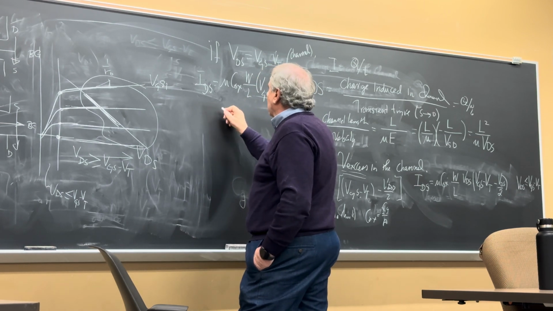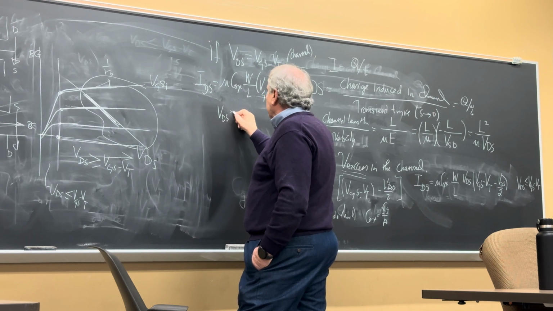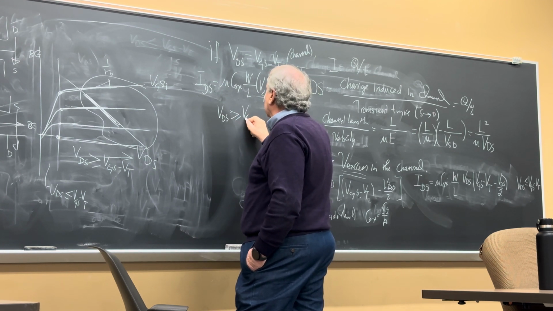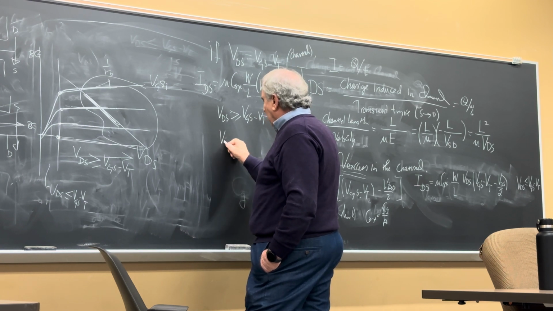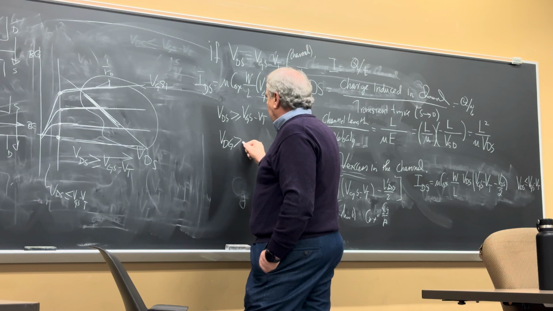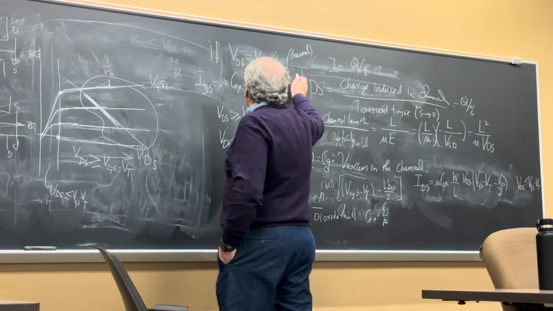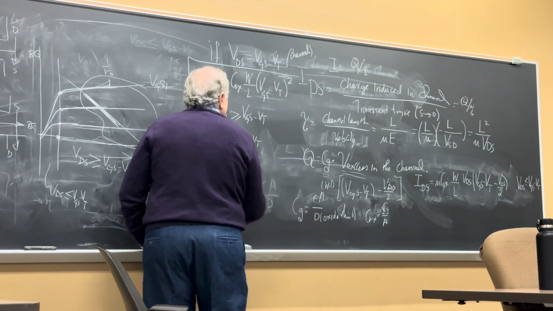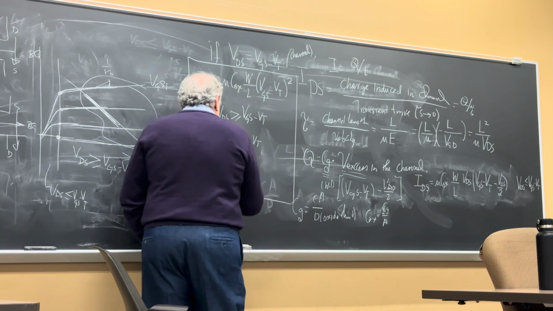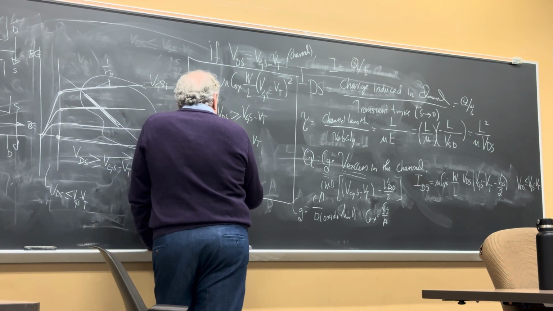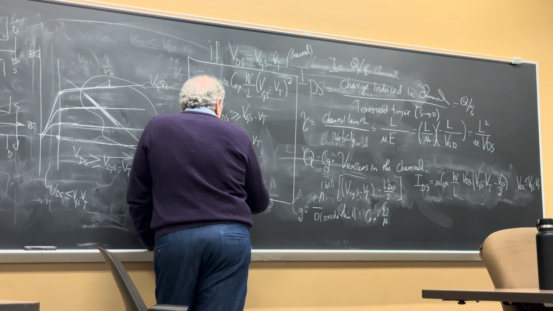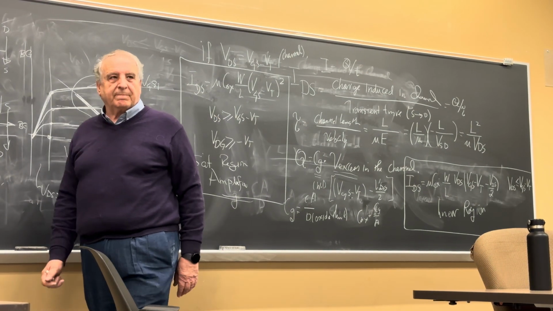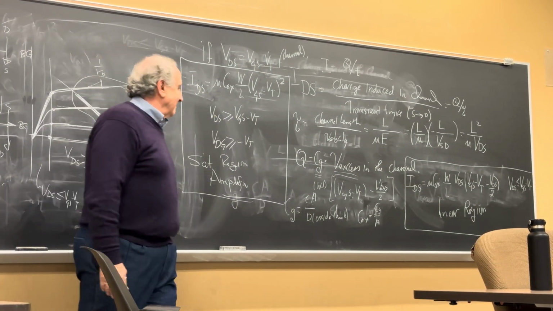So this equation is good for the equal sign and greater. This is the saturation region, and this is where we build amplifiers. Voltage controlled resistance.